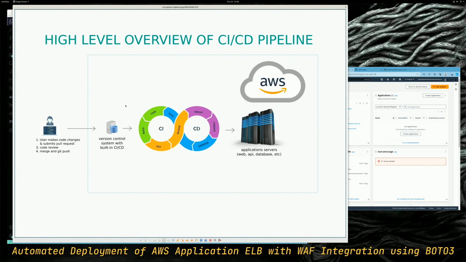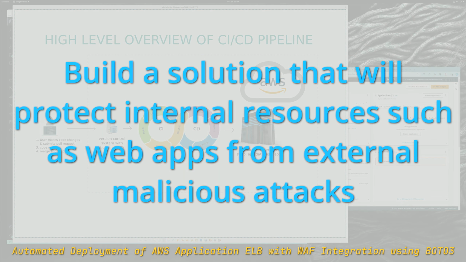Last year, the developers asked us, I'm from the DevOps team, if we can build a solution wherein their applications, like for example a web server, REST API server, Lambda function, etc., would be protected from incoming requests from outside.